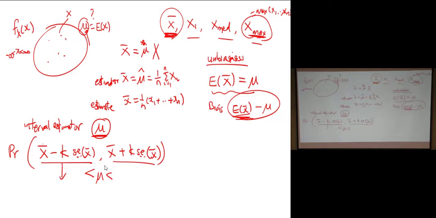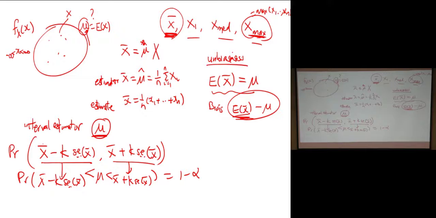So mu lies between these two random variables with probability 1 minus alpha. That's the idea of finding an interval that can be used to estimate the unknown parameter mu.